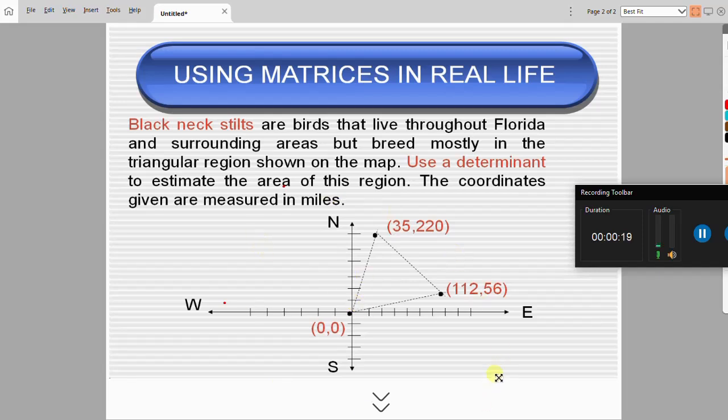Like in this example, here we want to calculate the area of this triangle between those three points, which are (0, 0), (35, 220), and (112, 56), and using a determinant. So we want to use the determinant to calculate this area.